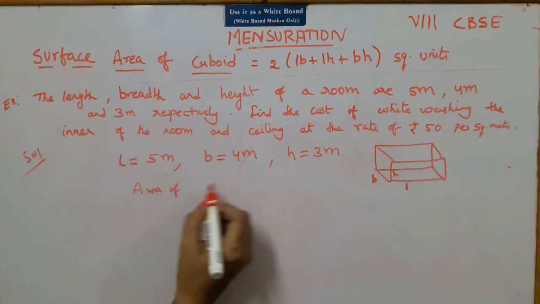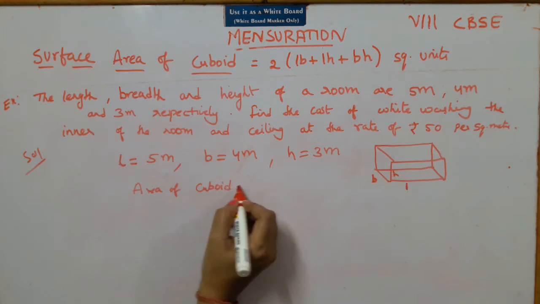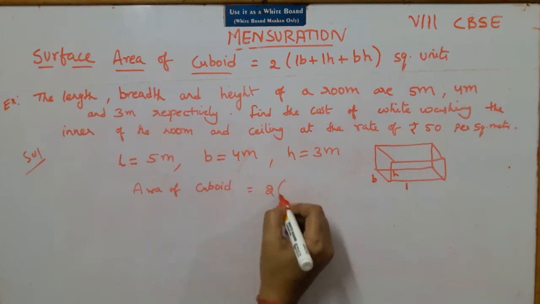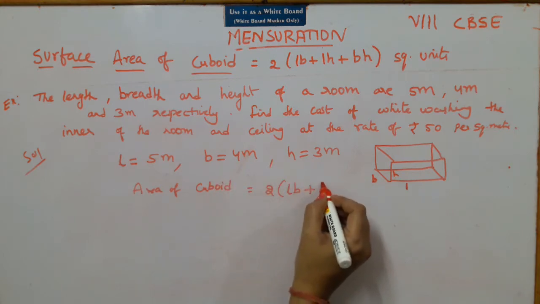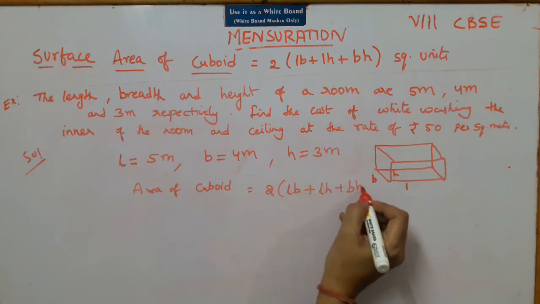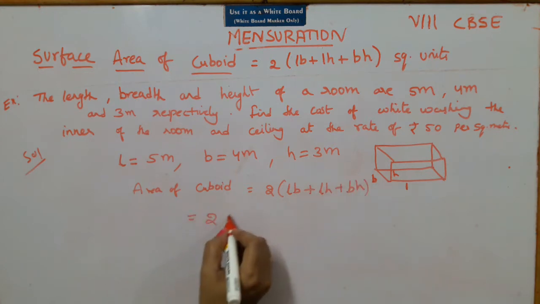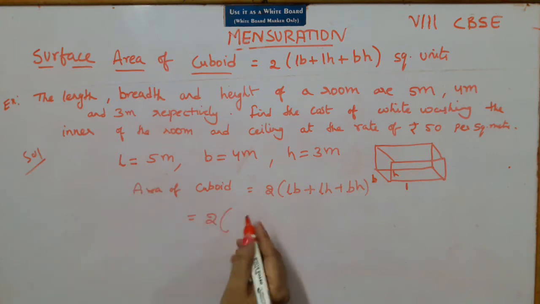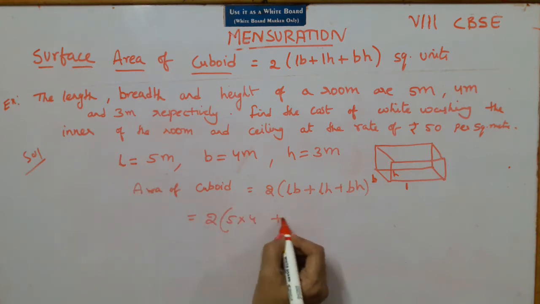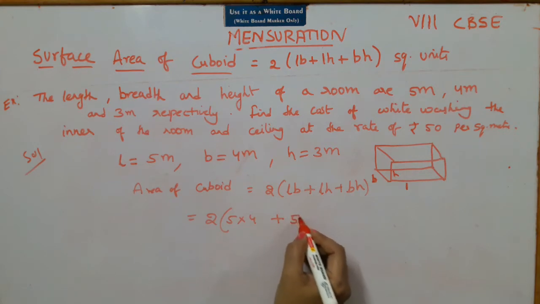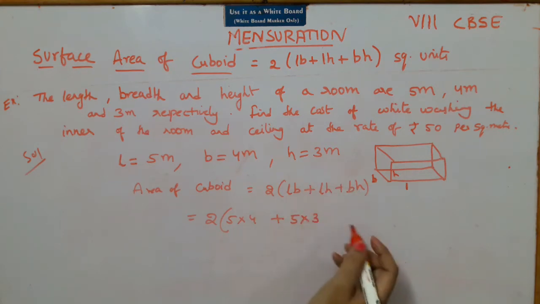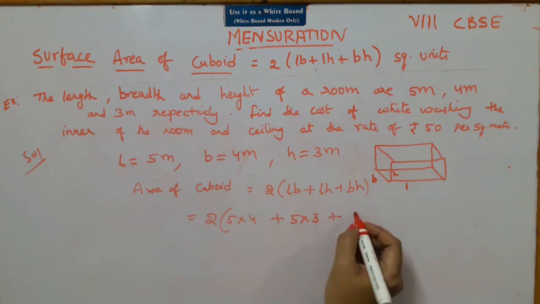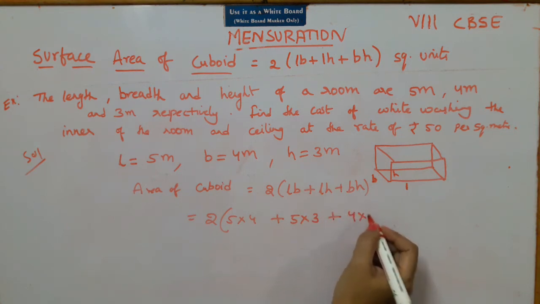Area of cuboid, that is 2 into LB plus LH plus BH. 2 into, what is the length? 5 meters. 5 into breadth 4 plus length 5 meter and height 3 meters, breadth 4 meter, height 3 meters.